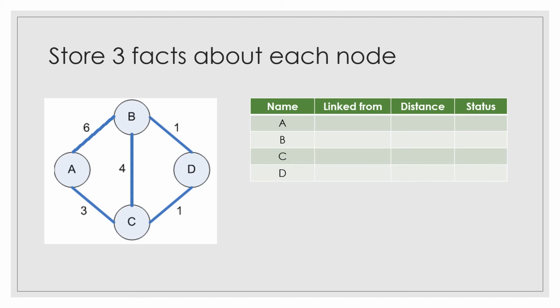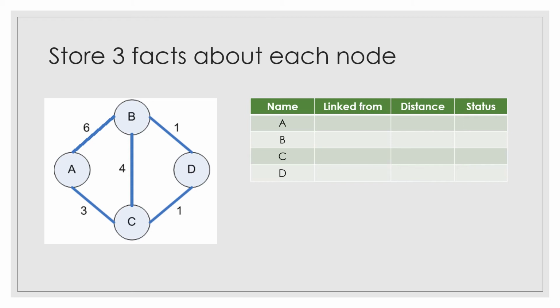And then I'm going to record 3 facts about each node: what node links to it, what the total distance away from the start node is, and the status of the node. And that just means, is the node cleared? Is it active? Don't worry about that at the moment. I'm just going to explain how we use that over the next couple of slides.